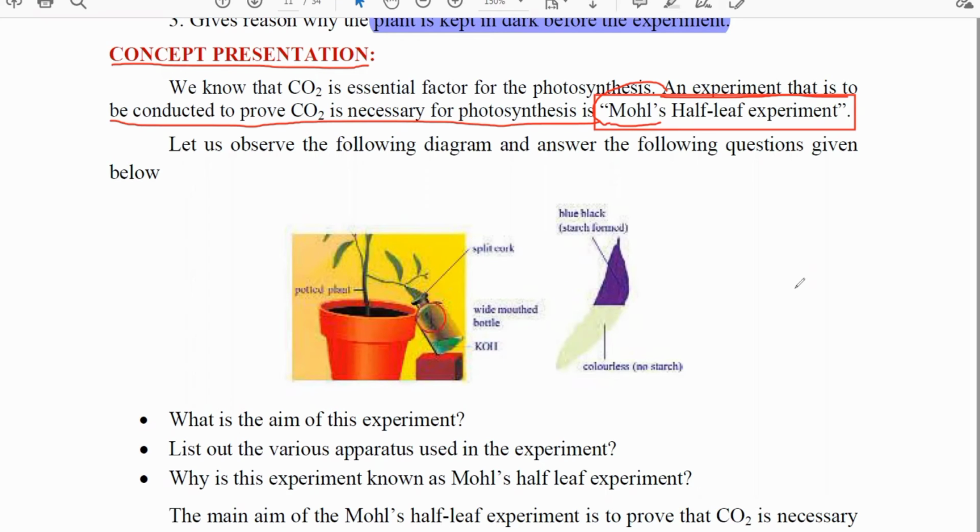That is the reason this experiment is named after him. And also here we can see the term half leaf. This term you have to keep in your mind.